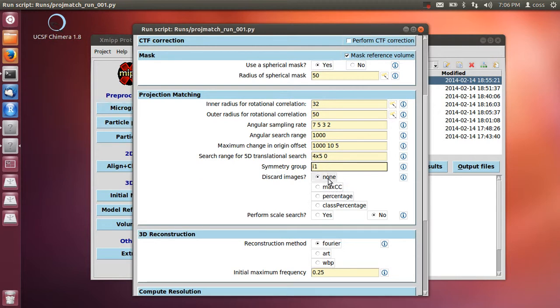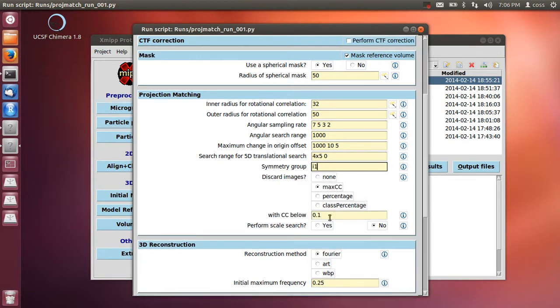By default we don't discard images, but you may discard images whose cross-correlation value is below this threshold, or you may discard the 10% of images with the smaller cross-correlation values.